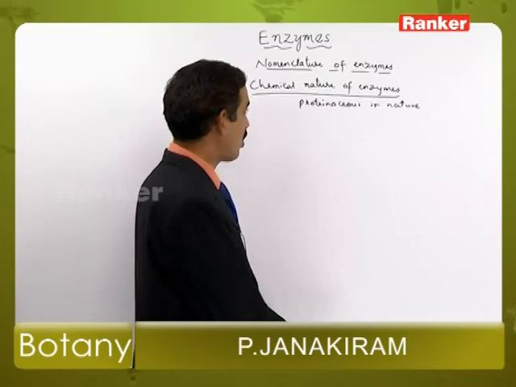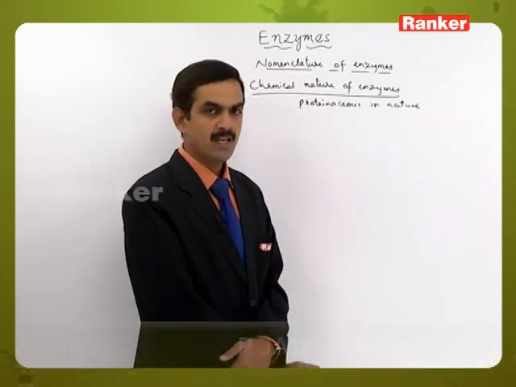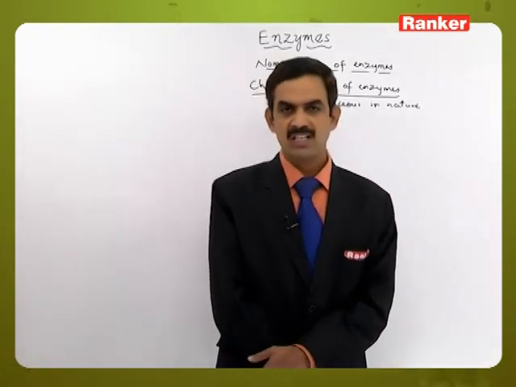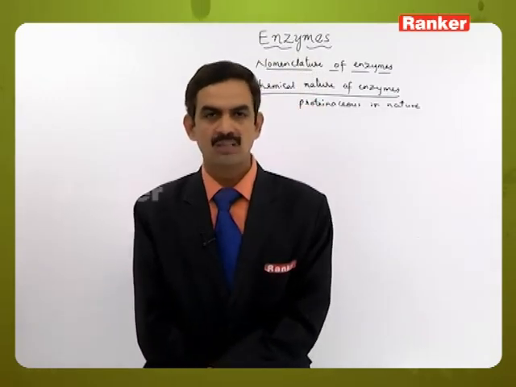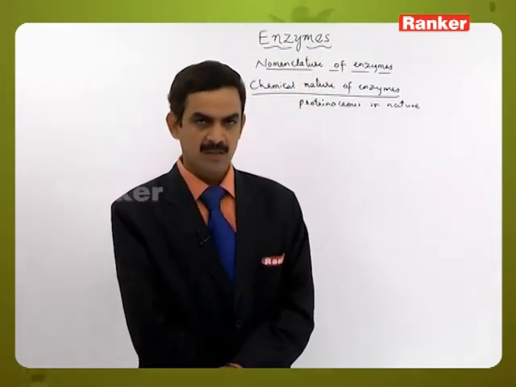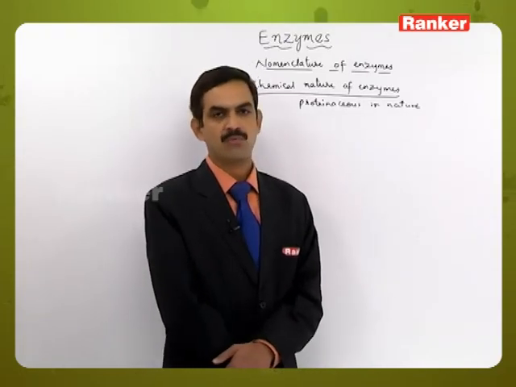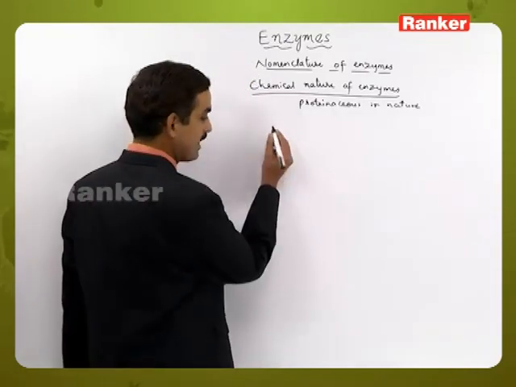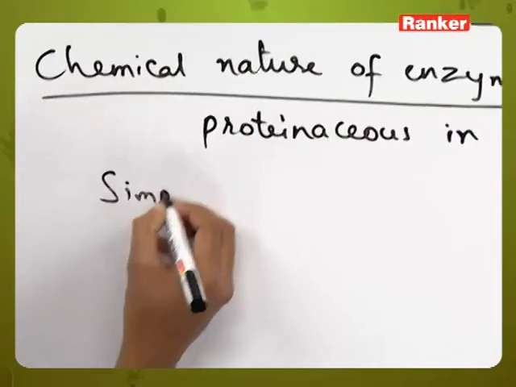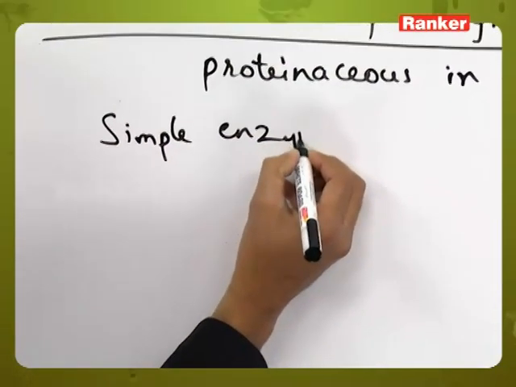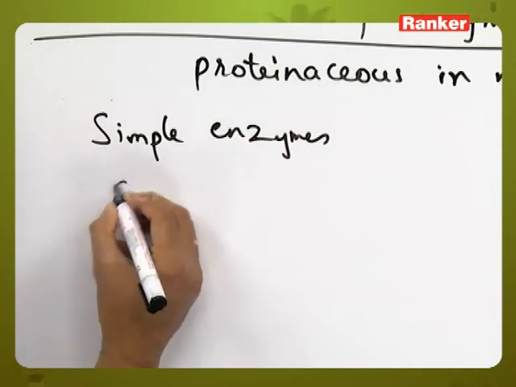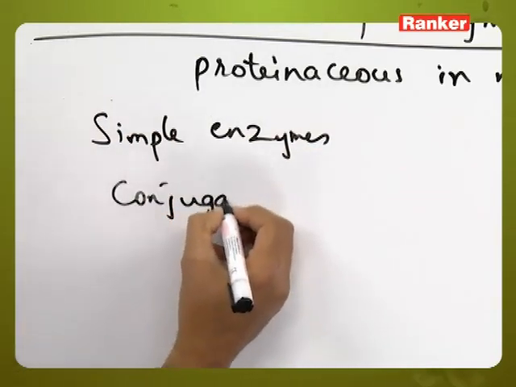Except that one, all others have the proteinaceous nature. Here the enzymes not only contain the protein part, but they also contain a non-protein part. So, based on the composition, there are two types of enzymes: simple enzymes and conjugated enzymes.